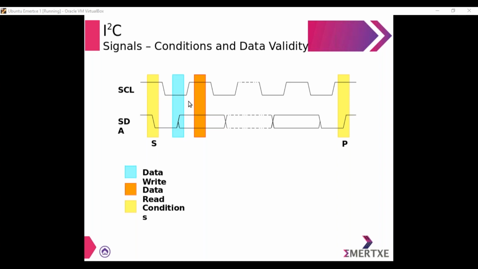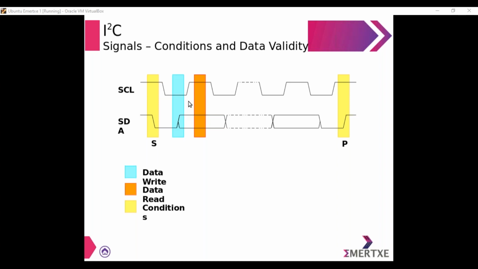At the low level, all the devices are going to transmit the data. Whoever has to transmit will transmit the data at the low level of the clock pulse, and that is why you see the change of data on the data line. It can either be a 0 or a 1. And if the clock pulse is high, all the devices in the network are going to read the data.